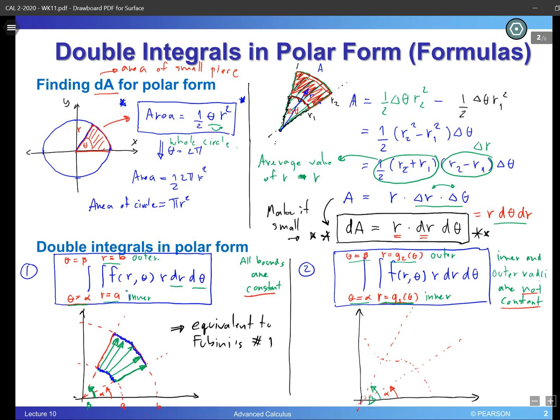So it may look something like this. At different theta, we have different radius. So in the end, we have this kind of shape for the integration domain. The angle is constant, but for the inner curve, it's going to be non-circular, not constant.